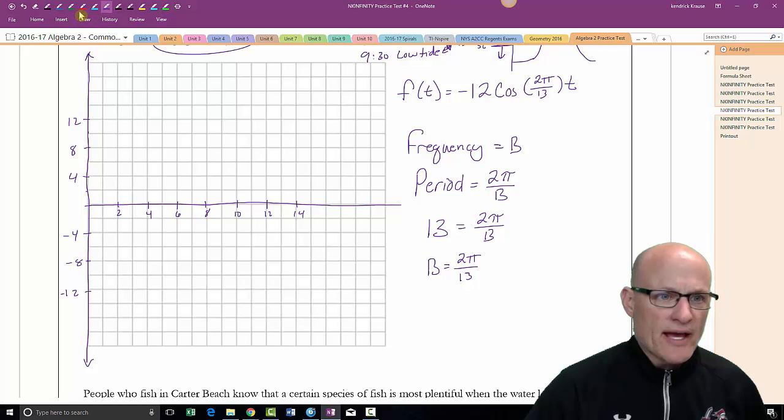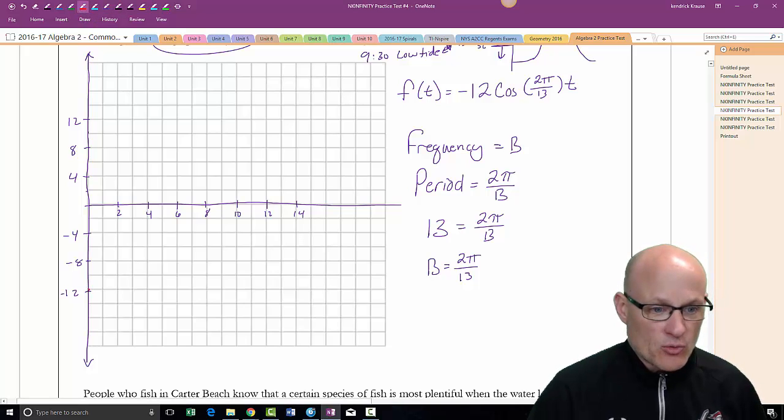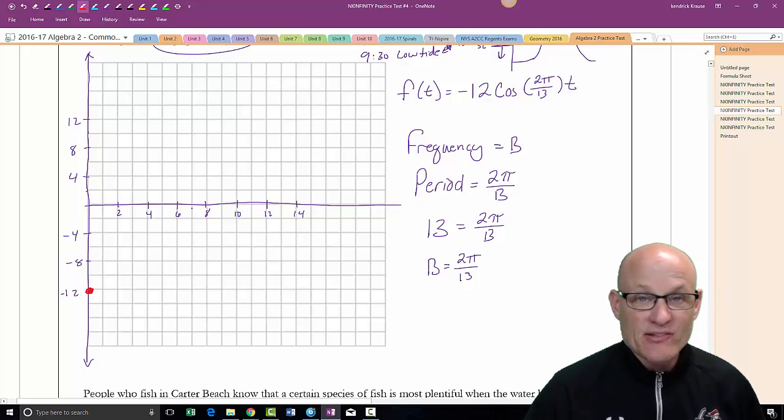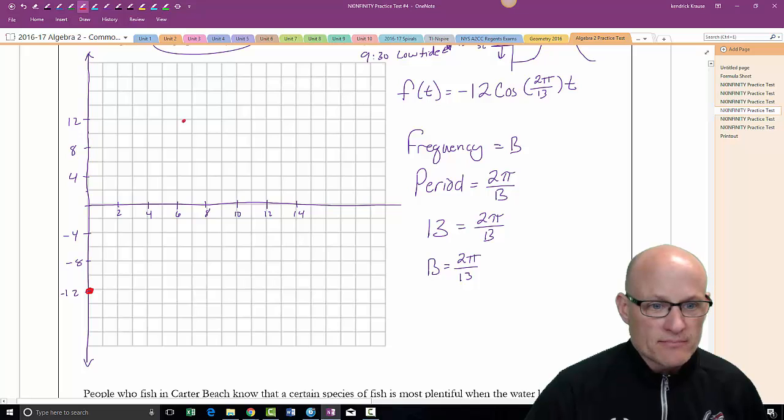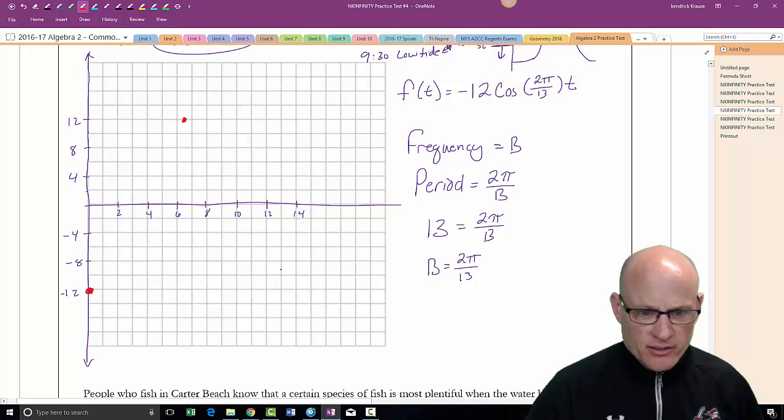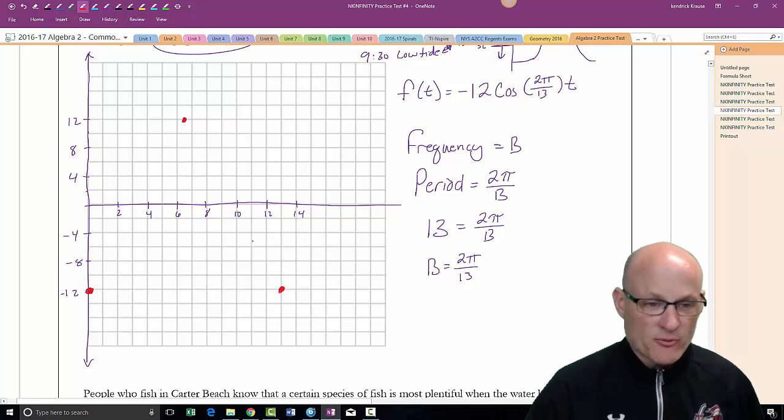All right, so let's see how things are going to go. We know that at time 0, we are at negative 12. At time 6.5, which is right here, we're going to be at positive 12. And at 13, we are going to be at negative 12. Now, we got to be careful with those.